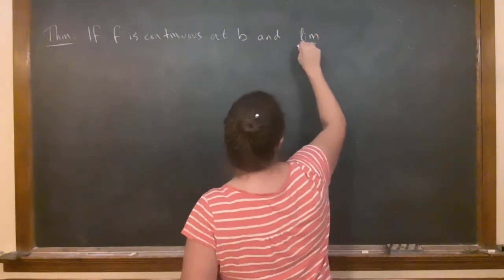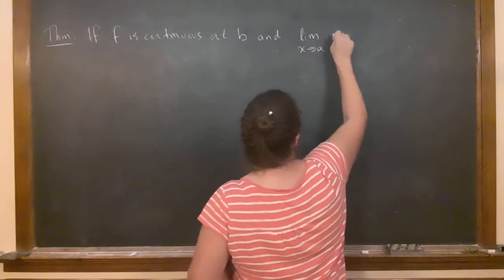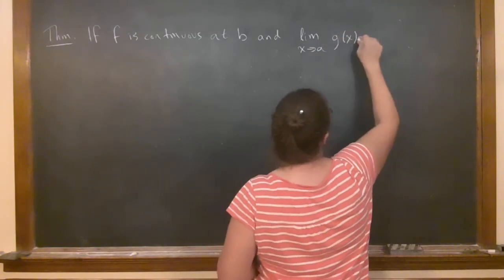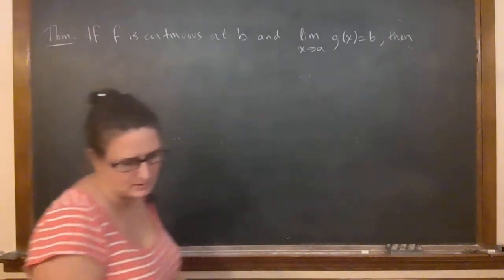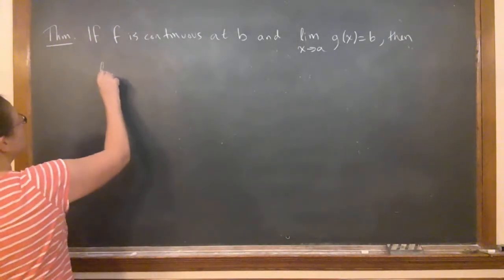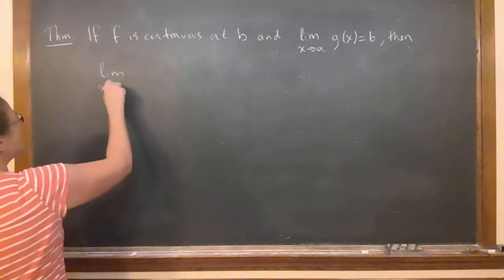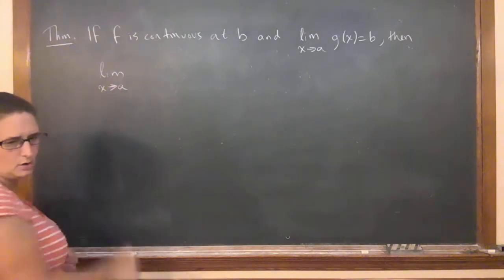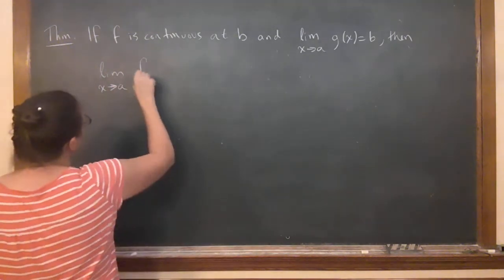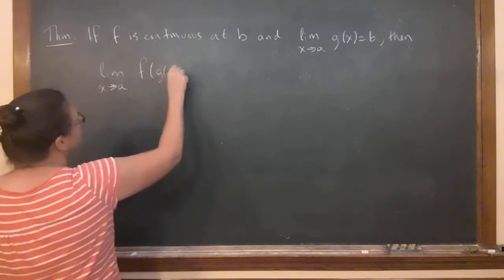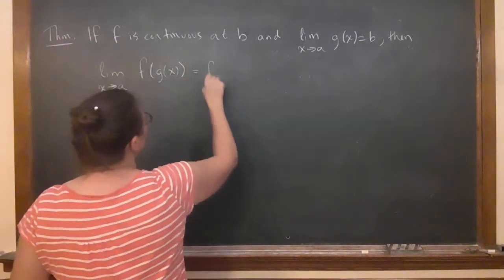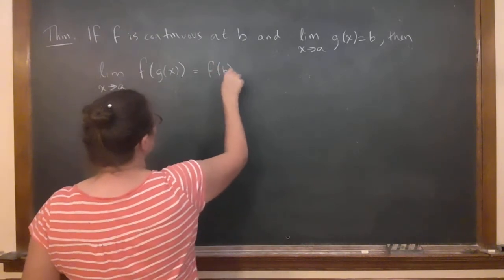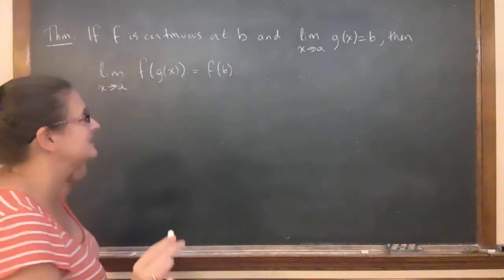I'm trying to get my A's and my B's straight here. So this is how it's set up in your book. So this is equal to f of b.